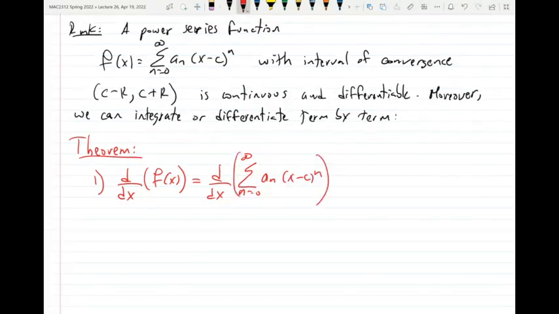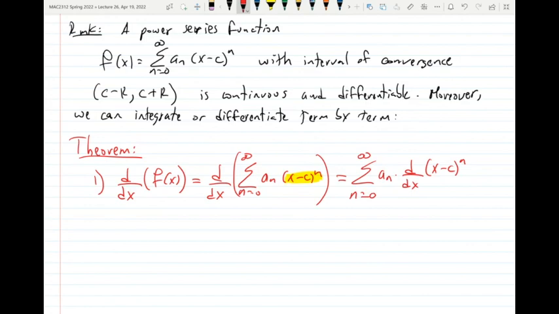The same way that you distribute the derivative over summation, we pass the derivative through the sum. a_n is a constant with respect to the derivative, so the derivative goes straight to the term that has the x. In other words, the derivative only affects this part, and the rest you just take out. So that's the sum from 0 to infinity of a_n times the derivative of (x minus c) to the n.